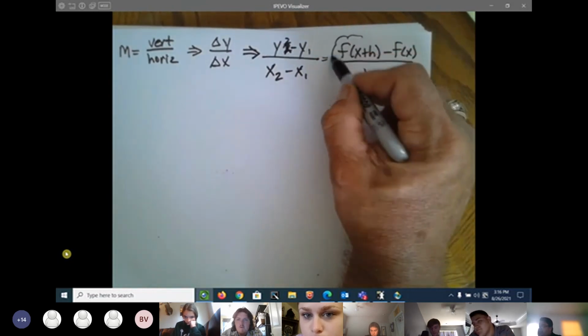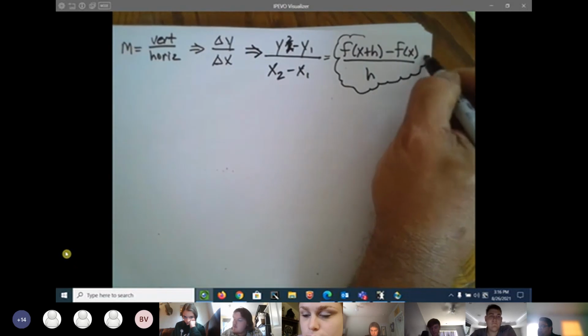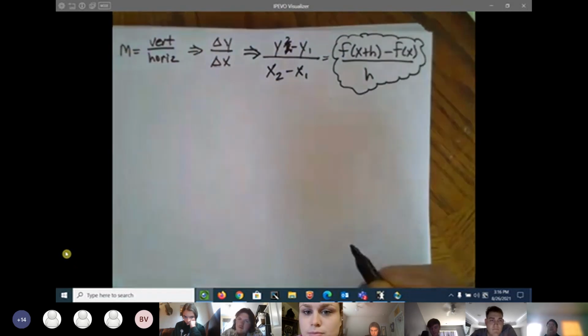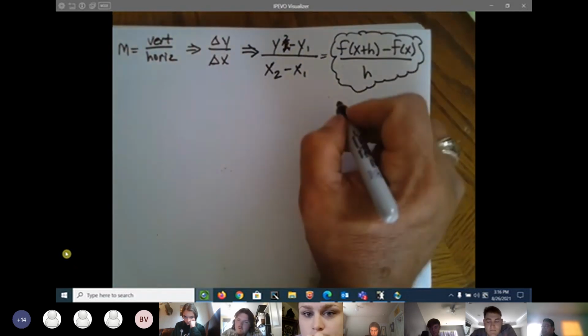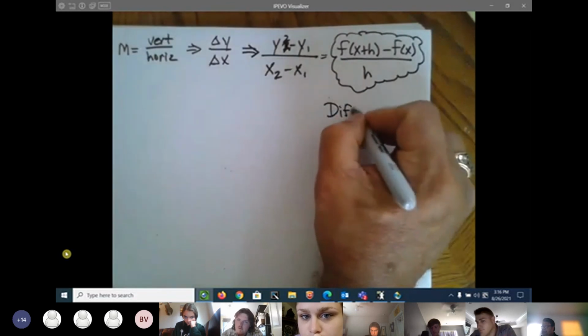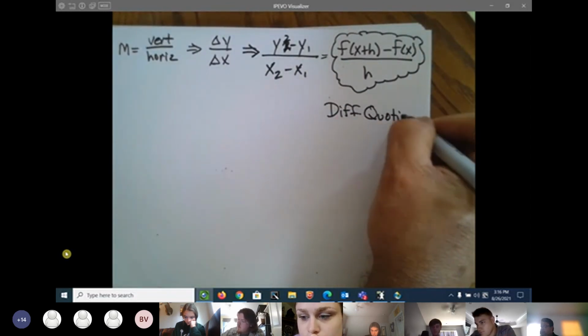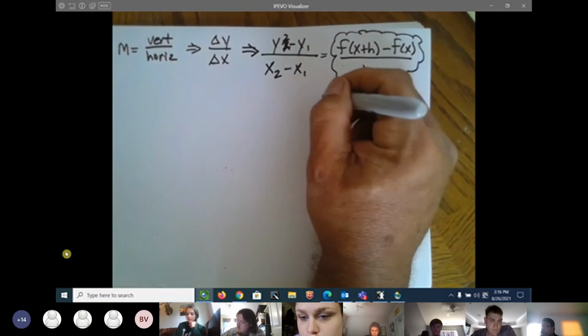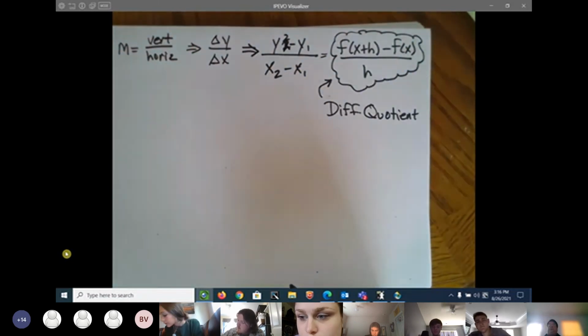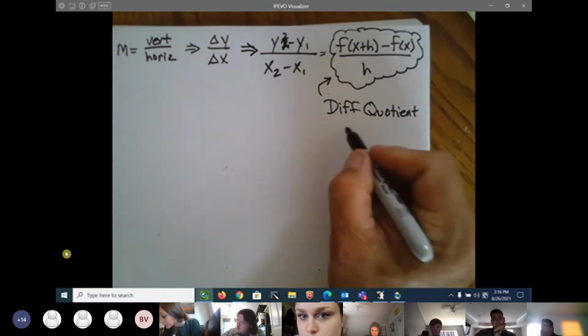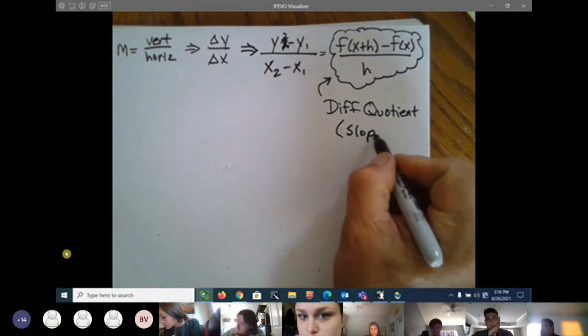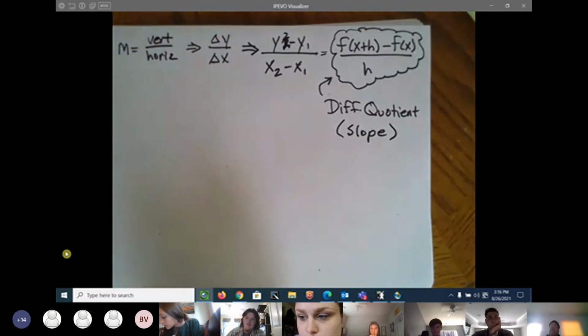And since slope is so redneck, we're going to call it the difference quotient. Which is a fancy way of writing what? Slope.